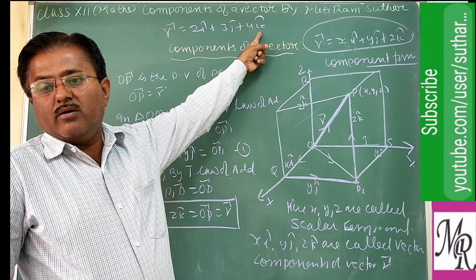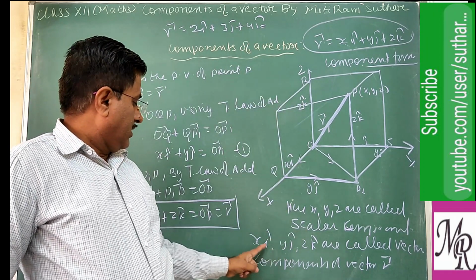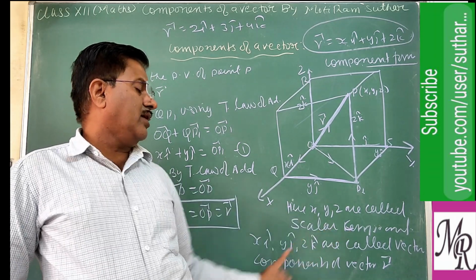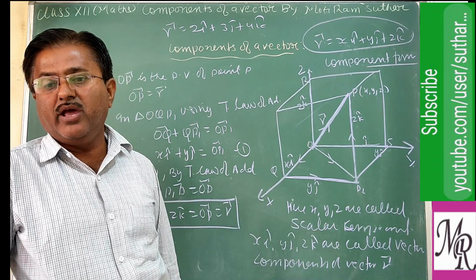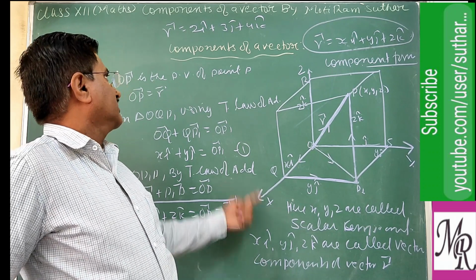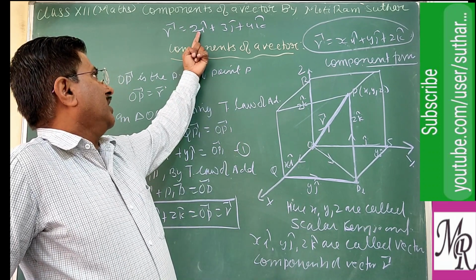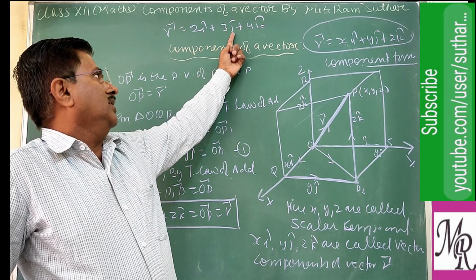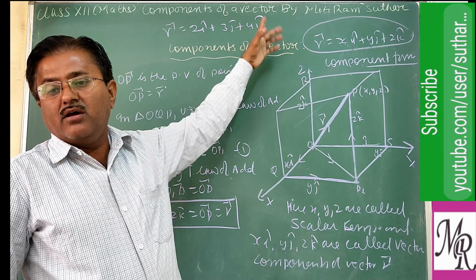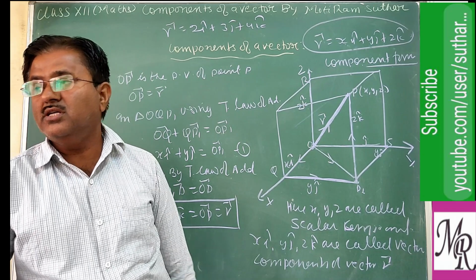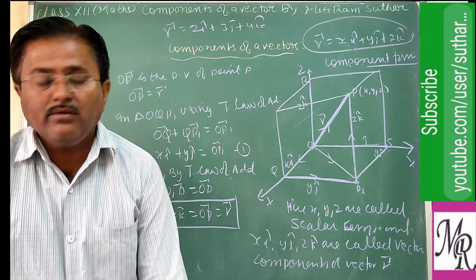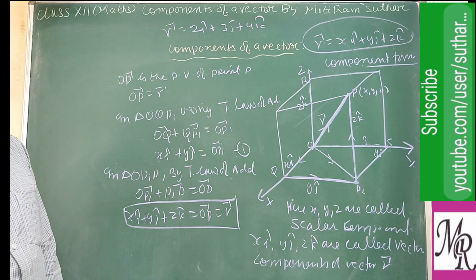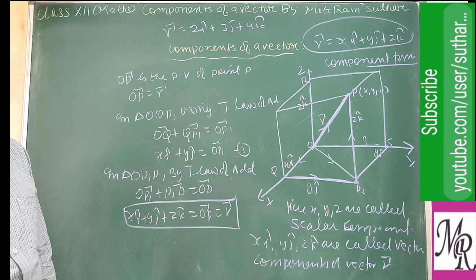And the vector components are x into i, y into j, z into k, so in a vector component there is magnitude as well as direction. So the vector components of this vector are 2i cap, 3j cap and 4k cap.